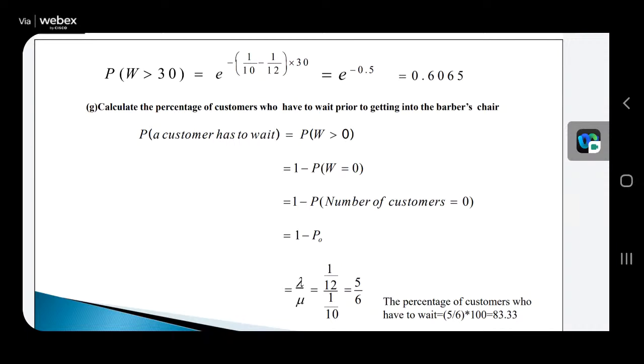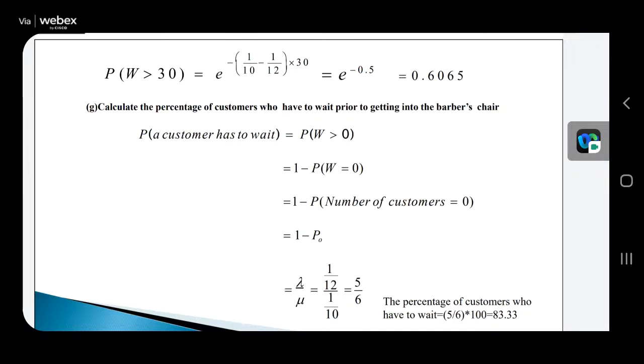Now I am intending to wait in the barber's shop. Correct, so W greater than 0. Is it not 1 minus P of W equal to 0? Because from the total system, the sum of the probabilities of everything associated with the system equals 1, so you are subtracting 1 minus P of W equal to 0. That's it.